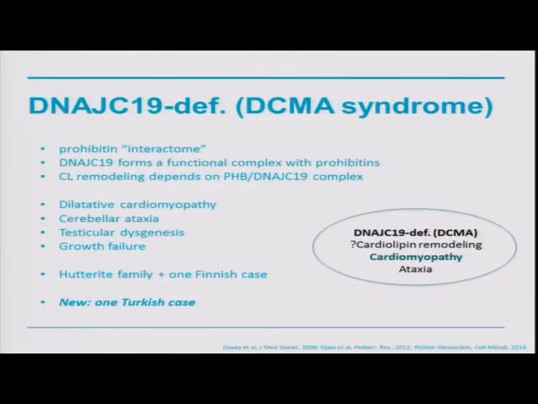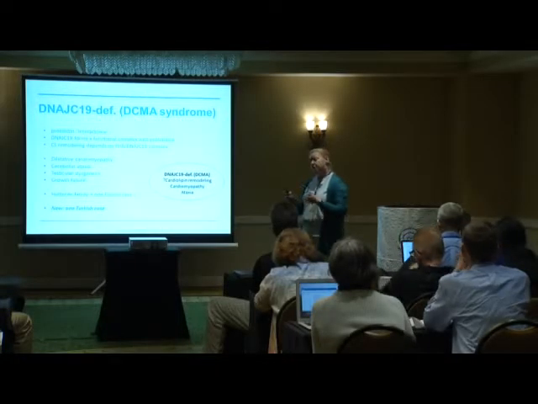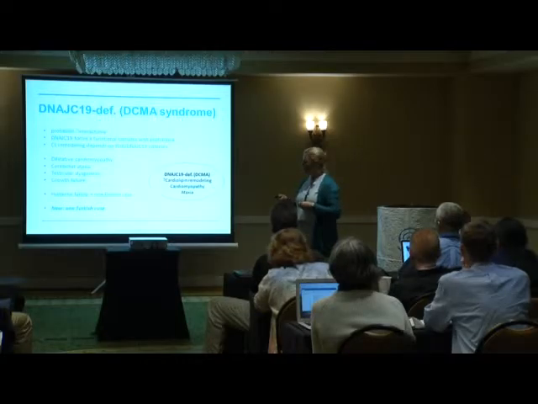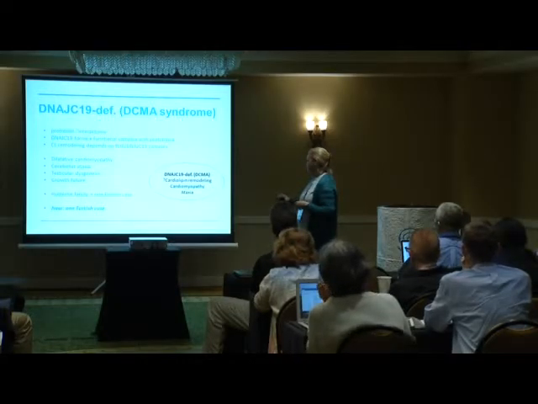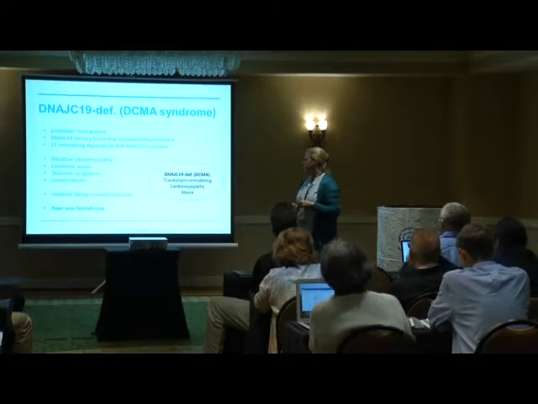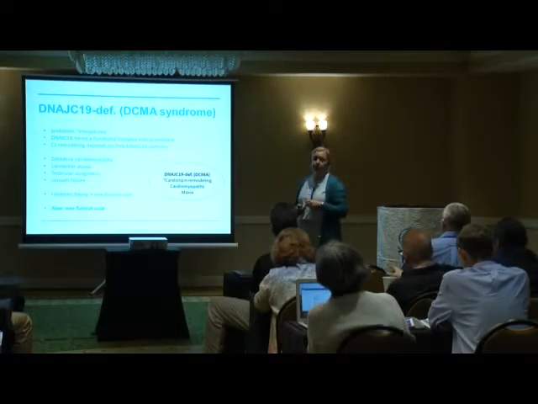Also here, many patients did not survive the first 5 years, but there are also patients with a more attenuated phenotype that are older. This was published in 2013, and since then only one Finnish case has been published, and 2 months ago we found one patient from Turkey.